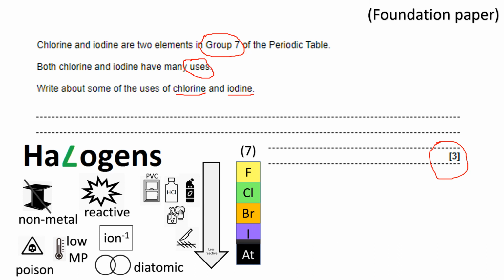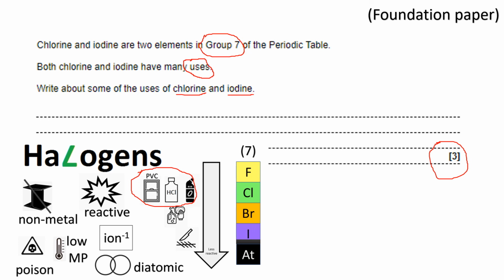Here's my halogens, my group 7, uses of chlorine. Well, I can see here uses of chlorine: I've got bleach, I've got making hydrochloric acid, and I've got making PVC. Now, if you just said making windows, you're not going to get any marks, are you? You've got to be specific, making PVC.